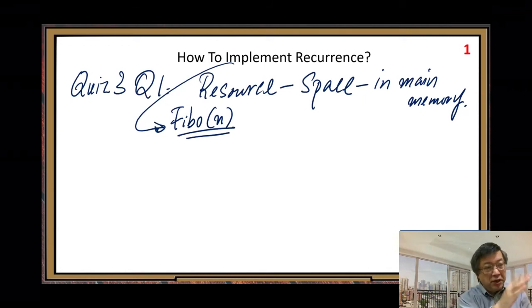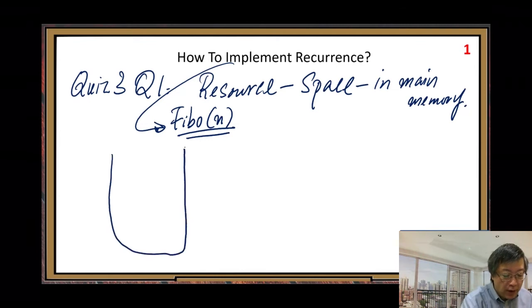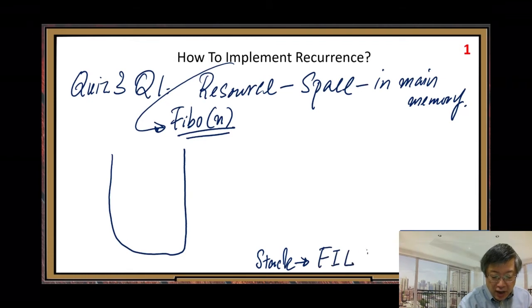The basic data structure used is a stack. So you know the stack data structure, right? Very simple. First in, last out, right? So the stack has the main property first in, last out. This property is extremely important for implementing Fibonacci or recursive functions in general.